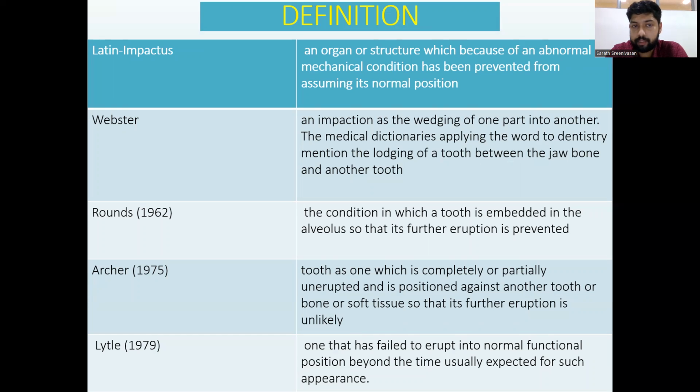According to Rounds in 1962, impaction is a condition in which the tooth is embedded in the alveolus so that its further eruption is prevented.